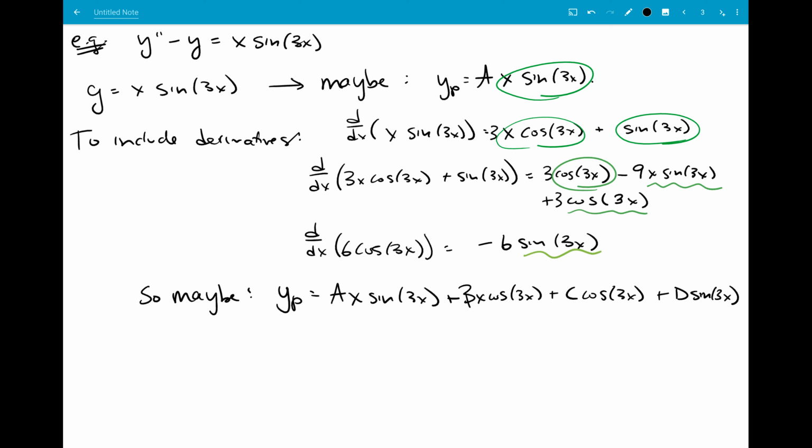Like that. That captures the 4 different types of terms I found when taking derivatives, and if I kept on taking derivatives, things would just repeat. So that's why I stopped once I stopped creating new terms.